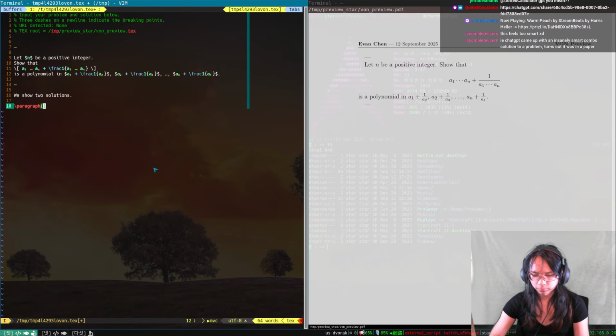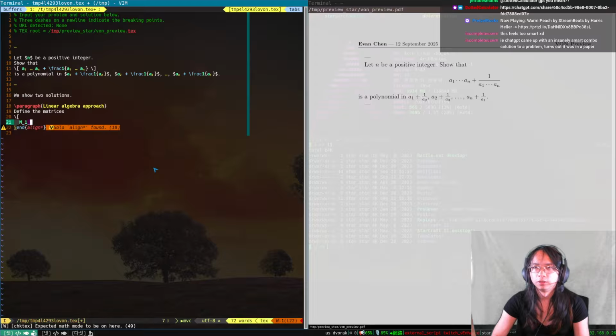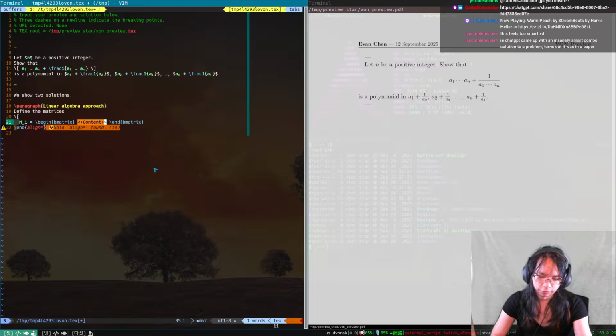Paragraph. Actually, I think I'm more gonna... What was the matrix we picked? 0, 1, minus 1, a1 plus 1 over a2.